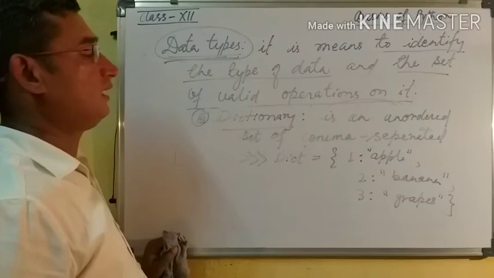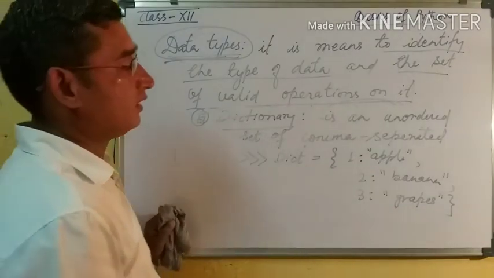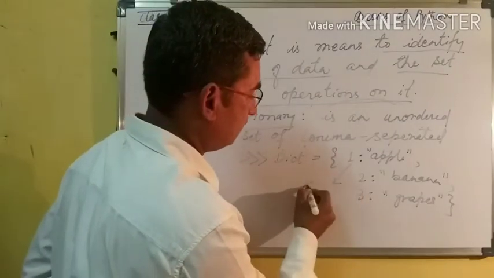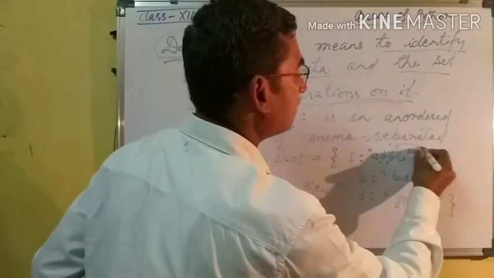This way you can define a dictionary. It is a key and this is the value.